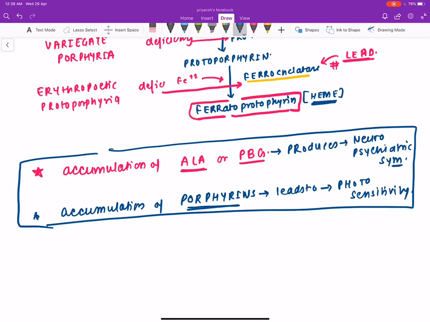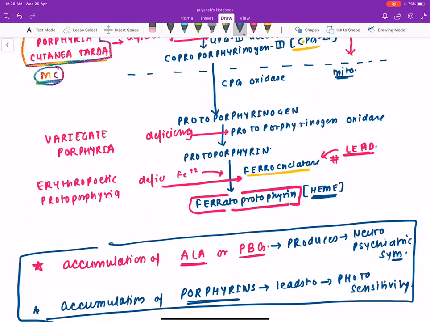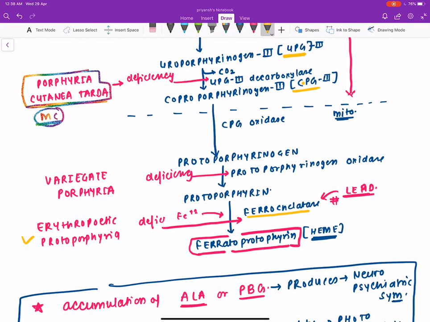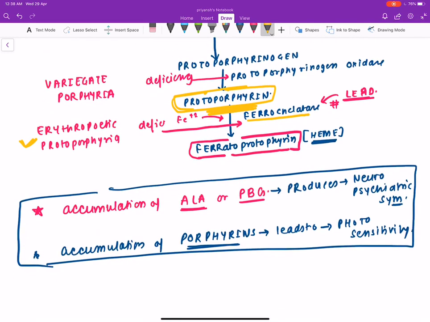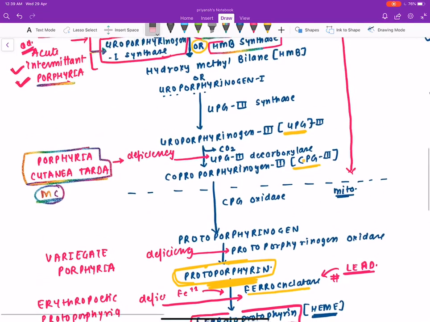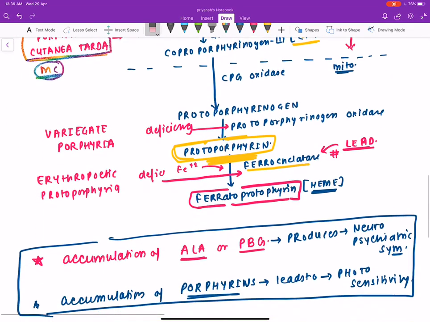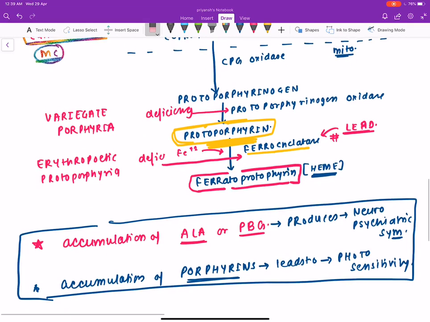If there is accumulation of porphyrin, for example, let's talk about erythropoietic porphyria. If this reaction is not taking place, this molecule will accumulate, and this molecule is a protoporphyrin. This is a porphyrin, so it will lead to photosensitivity. So by looking at the symptom, we can make a differential whether we are talking about acute intermittent porphyria, or erythropoietic porphyria or variegate porphyria, where the porphyrins get accumulated.